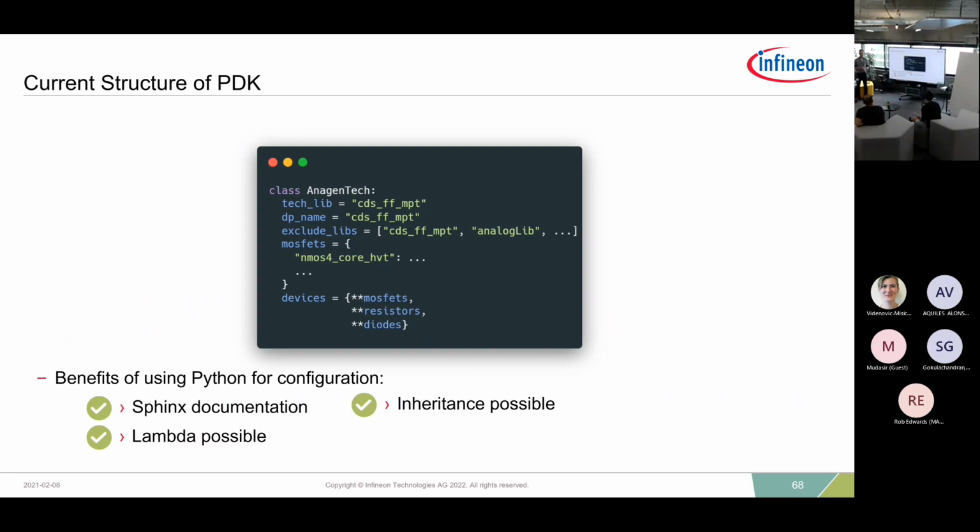We can inherit stuff. So if you have a technology and some derivatives out of it, you can just inherit everything and just add the changes to it. So you can do incremental changes. And because it is a programming language, you can also define lambdas or callbacks or something like that, which is actually required for some things.